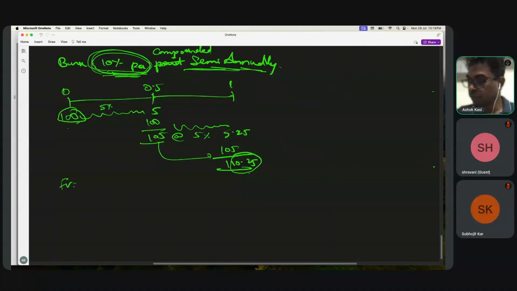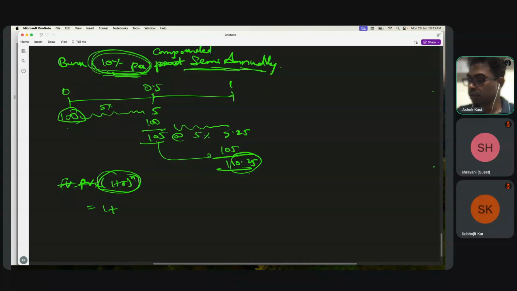See, future value is equal to present value into 1 plus r raised to n. Now here the question is not about future value or present value. We are just going to tweak this one formula. So 1 plus rate, how much is the rate now?